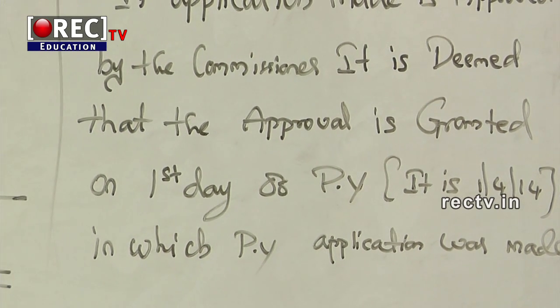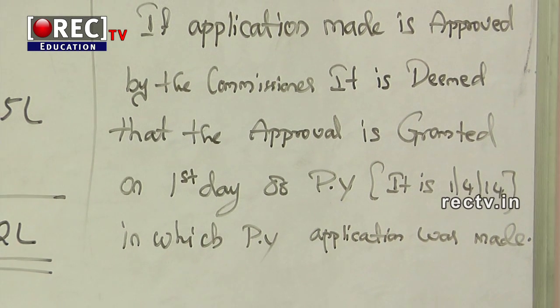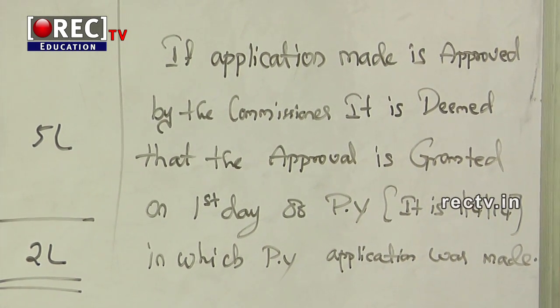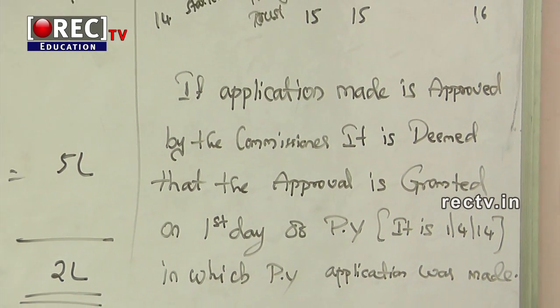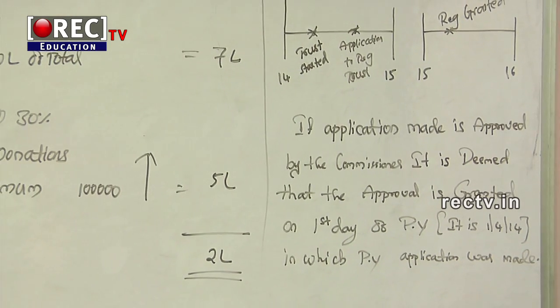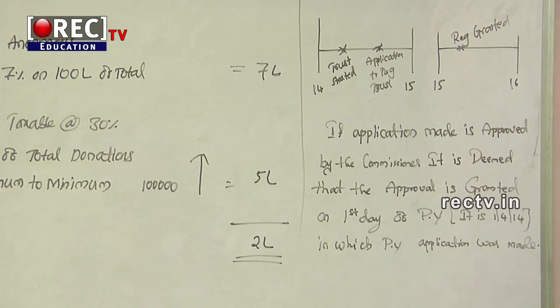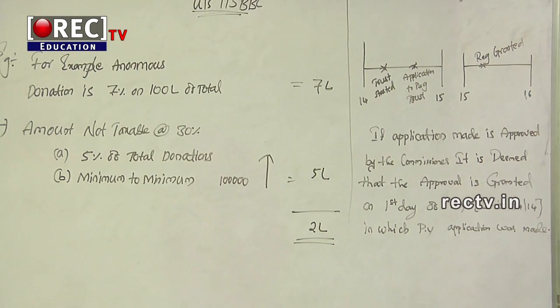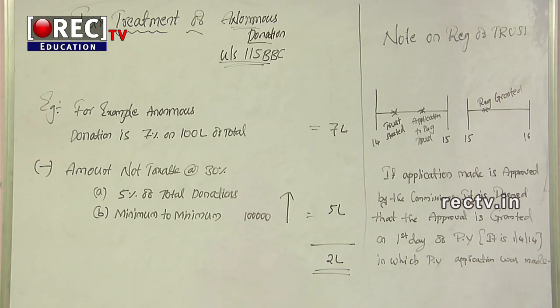It means the trust came into the picture from 1st April 2014. This is all about income exempt from tax. So friends, we have successfully completed one of the topics of direct tax, that is income exempt from tax.